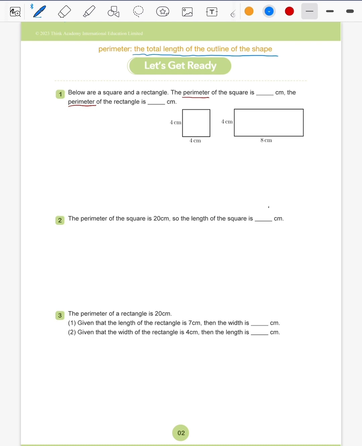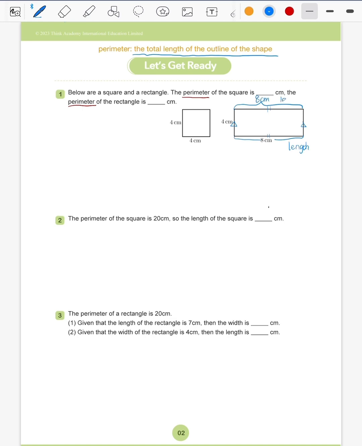For this rectangle, what's the property of the rectangle? Both the opposite sides will share the same length, right? It means if this side is 8 centimeters and we call the longer side the length, then the opposite side, this side, will be 8 centimeters as well.